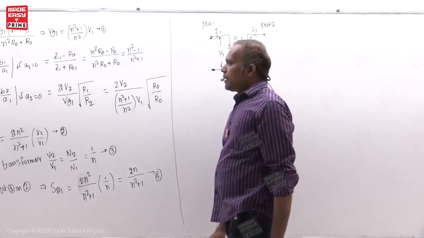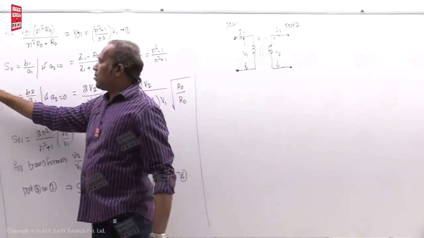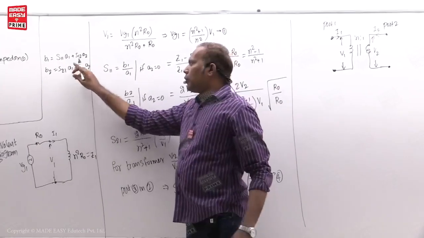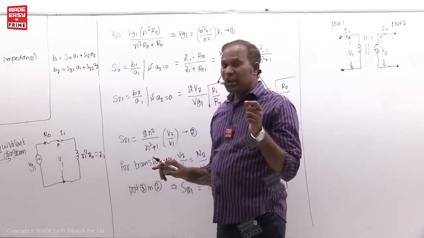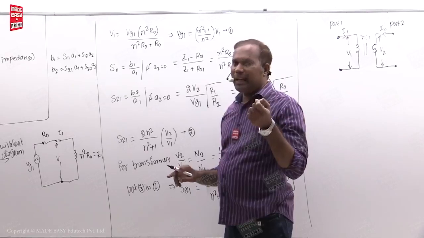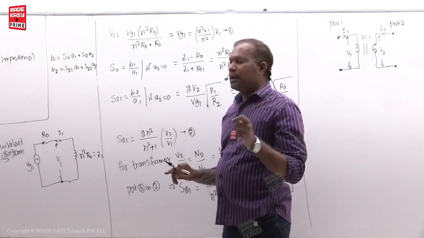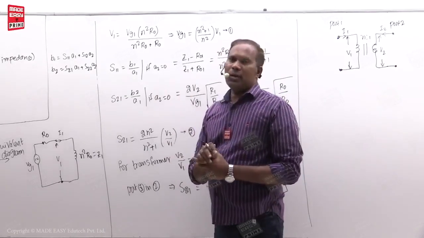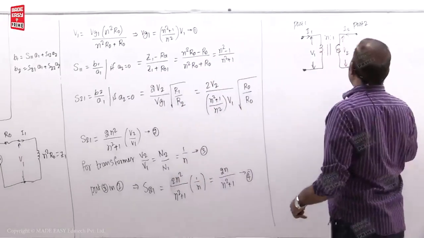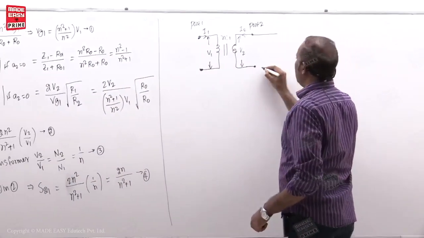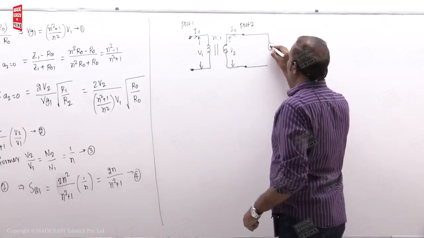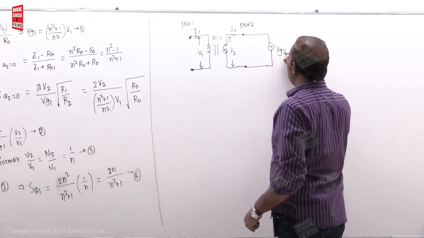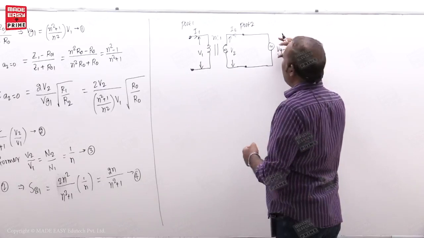Now to measure these parameters S12 and S22, you have to make A1 equal to 0. A1 equal to 0 means at port 1 side there should not be any source. Then a port 2 side source is connected. So let us connect here some source called VG2, generator voltage at port 2, that will have some impedance.